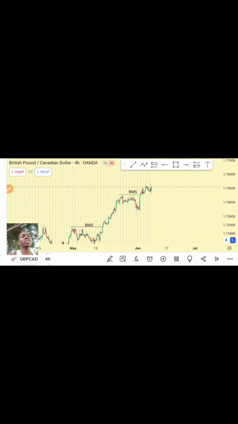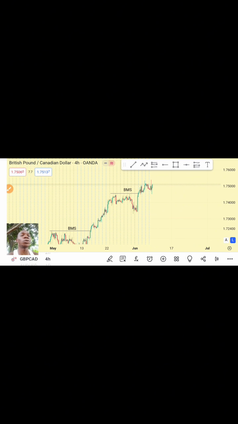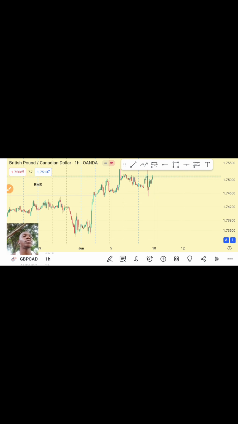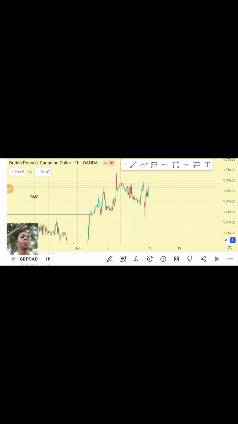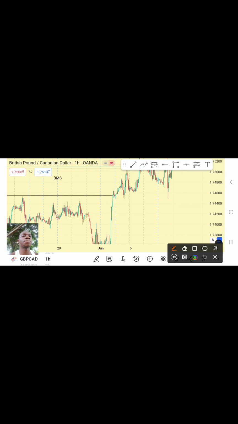Having identified the order flow in the higher time frame, we switch down to a lower time frame, which is 1 hour. As I said, we are going to go from 4 hours, 1 hour, down to 15 minutes. So let's switch down to 1 hour. This is the 1 hour time frame, and as you can see, the last break of structure we had is this place.